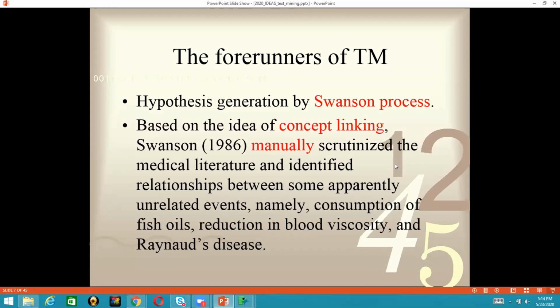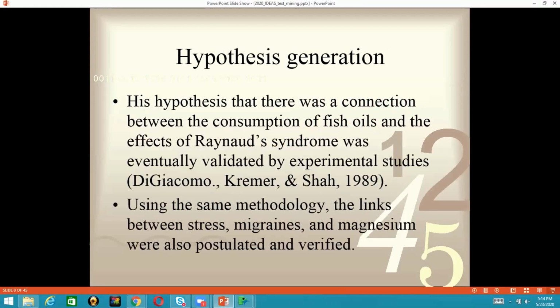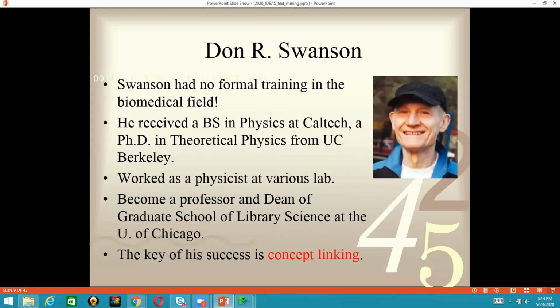Well, but something even more interesting. Professor Don Swanson, who is he? You may say, well, then he must be a surgeon, a physician, and so on. No, actually, he had no formal training in biomedicine.